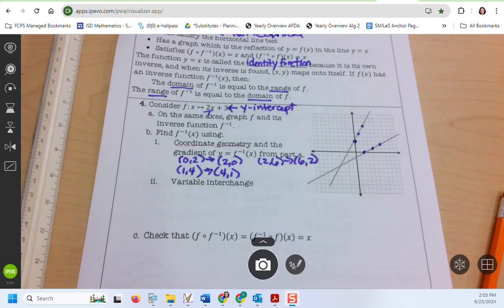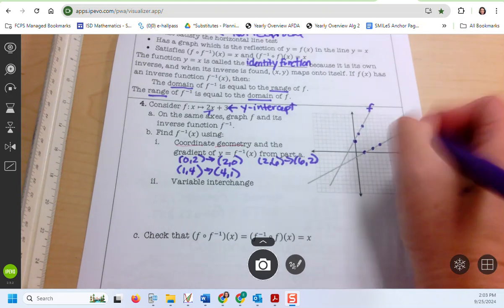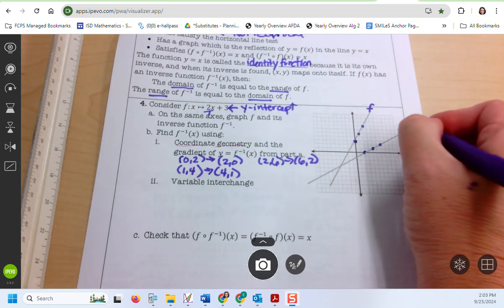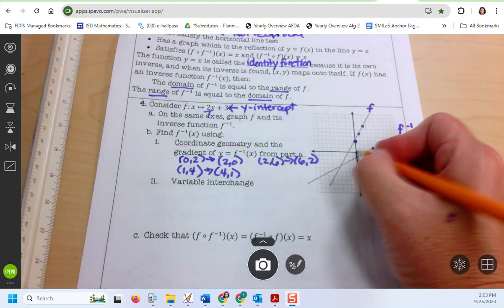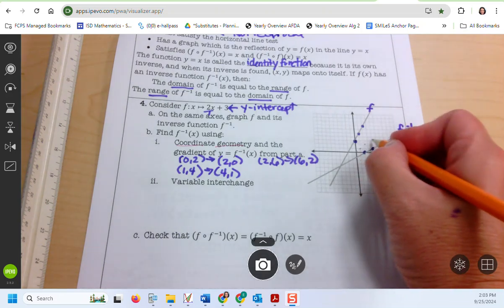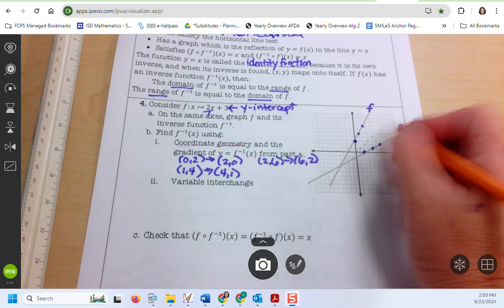All right. I want to check and make sure that I did it right, because I want to look at the line y equals x and see if one line is reflected across the line y equals x. So this one here is f. This one is the inverse of f, I think, if I did it right. The line y equals x is the line where y and x are all the same number. And so I'm going to plot 1, 1, 2, 2, 3, 3, 4, 4.